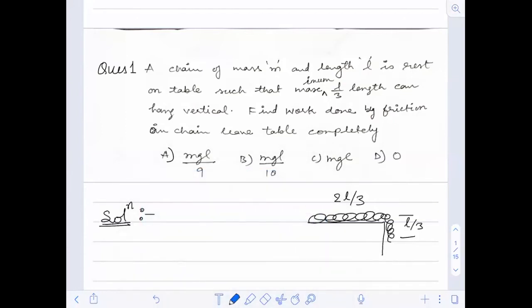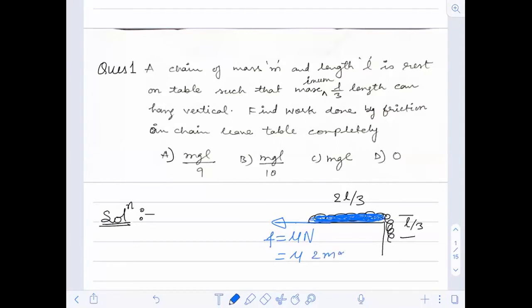Suppose there is a friction here. For this part, which is shaded in blue, it will have a friction on this side, and I can write friction as mu into N. Now what will be the N value here for this complete mass?